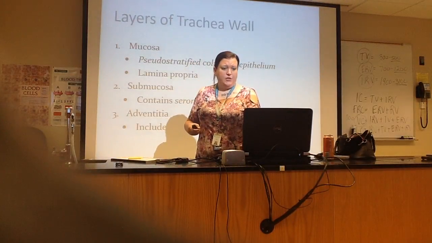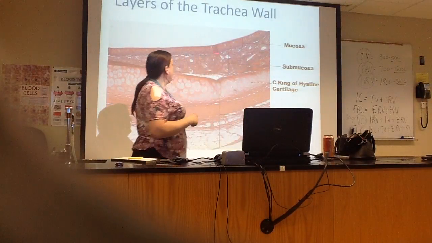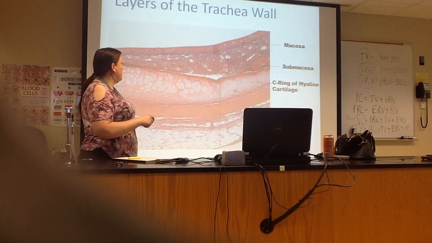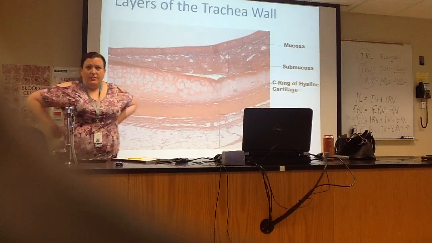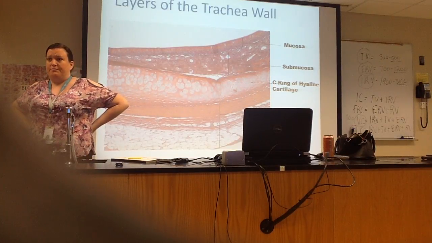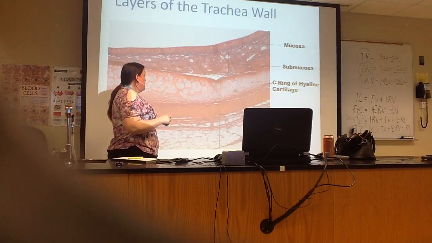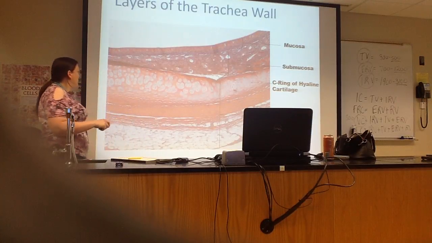So you just saw the trachea wall. So remember, mucosa always has just epithelium with the cilia. What kind of epithelium is this, with the cilia? Pseudostratified columnar. So this layer is mucosa, this is submucosa. What is this? The ring.